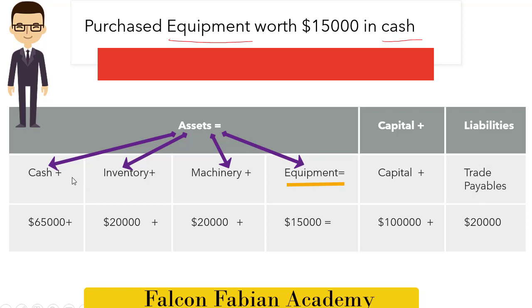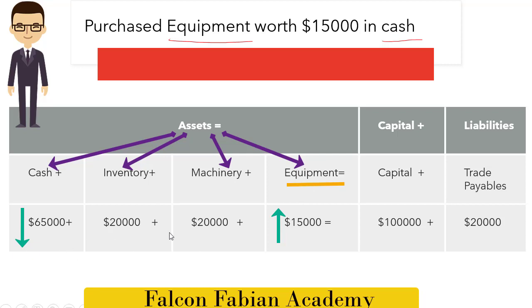So assets are cash 65,000. How did my cash become 65,000? Well, we bought equipment which was of 15,000. So it was 80,000 in the previous transaction. But when you bought equipment and you paid for that, this became 65,000. So assets are cash 65,000, which has gone down. Inventory 20,000. Machinery 20,000. Equipment, which is 15,000, this has gone up.